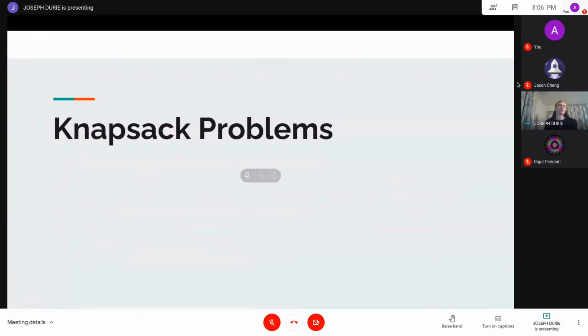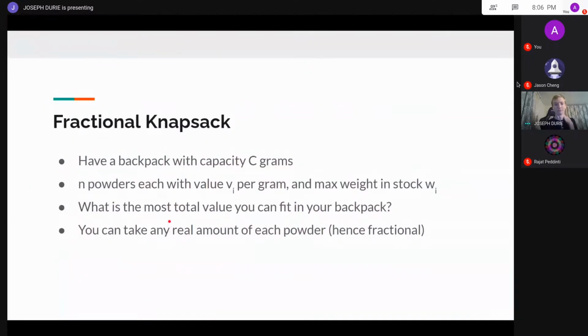So first, we're going to do a few examples of greedy solutions and when they work, when they don't, using this general class of problems, which is known as knapsack problems. For the first one, you have a backpack with capacity C grams, and you have n powders where each one has value vi per gram, and in total there's wi grams in stock.